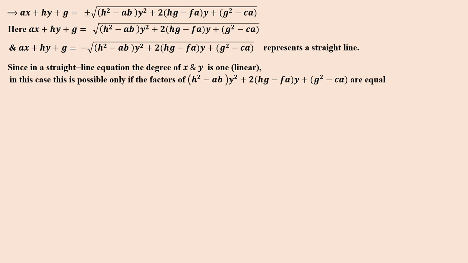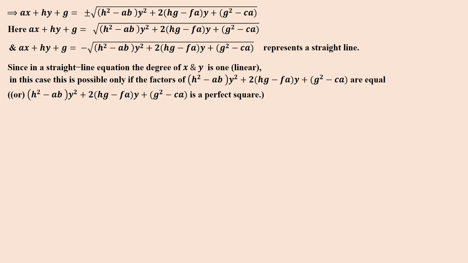So a linear factor. So in this case, if it is a straight line, then this should be satisfied. That is, the factors of the term inside the square root, (h square minus ab) y square plus (2hg minus fa) y plus g square minus ca, the factors of this quadratic equation should be equal, right?